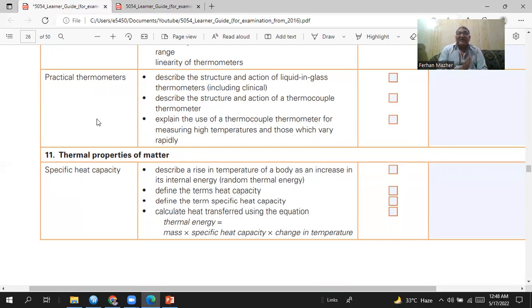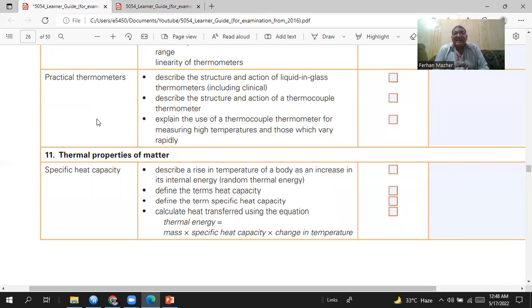Once the mercury has gone, its level has gone up. So that constriction does not let the mercury come back into the bulb of the thermometer. It keeps whatever temperature the thermometer has shown, it keeps that reading for a certain time.